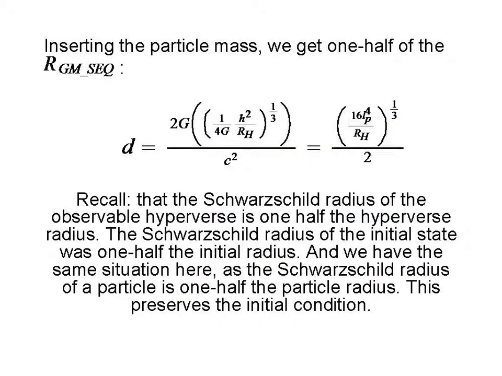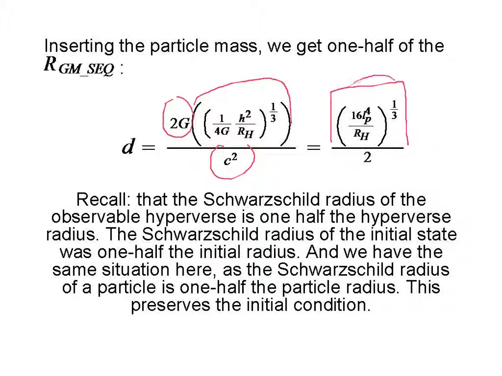Now we'll take that equation and insert the value that we will claim as the particle mass. So we get 2G times what we claim as the particle mass divided by c squared. And the result is this value here, which is the geometric mean counterpart of the Compton radius.